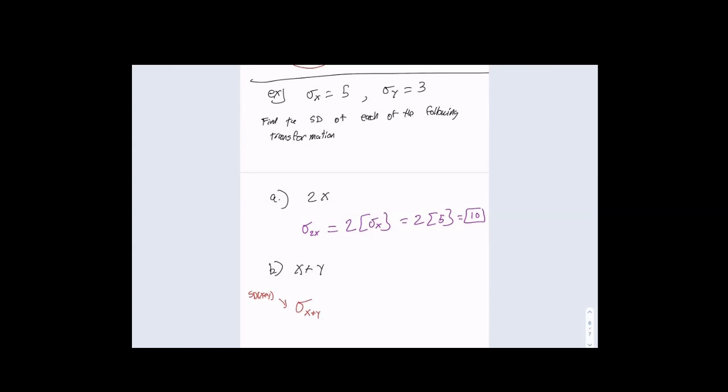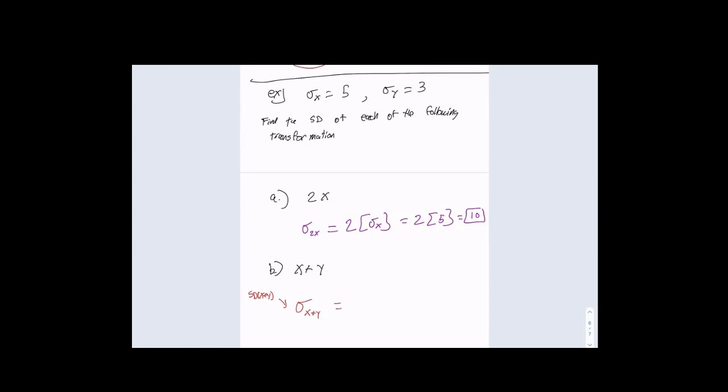Well, the biggest answer people are going to say is 8. They're just going to try to add the 2 standard deviations. Oh, well, I know the standard deviation of x is 5 and the standard deviation of y is 3. So 5 plus 3 is 8. And they'll say 8, and that's wrong. We know our answer has to be less than 8 because of the Pythagorean relationship. But it's also got to be bigger than 3. So we always know it's somewhere between 3 and 8.